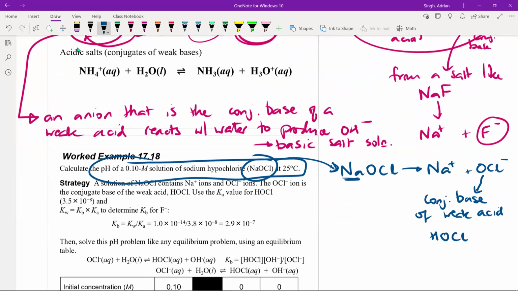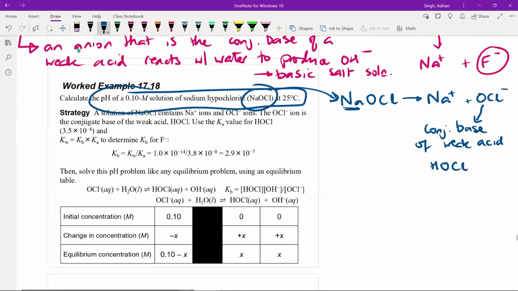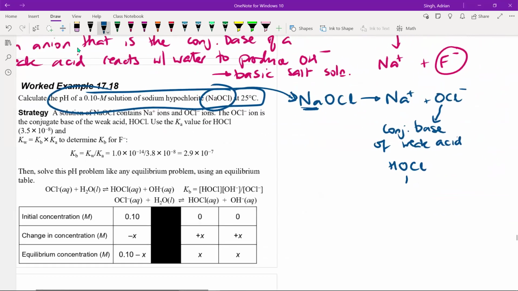To get the corresponding weak acid, we just stuck an H plus onto it. So what we can do is look up the Ka value for this, and that is equal to 3.5 times 10 to the minus 8.